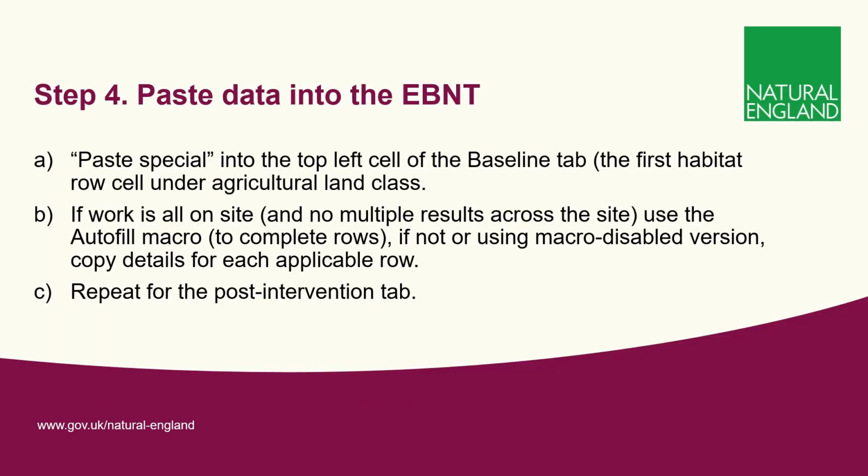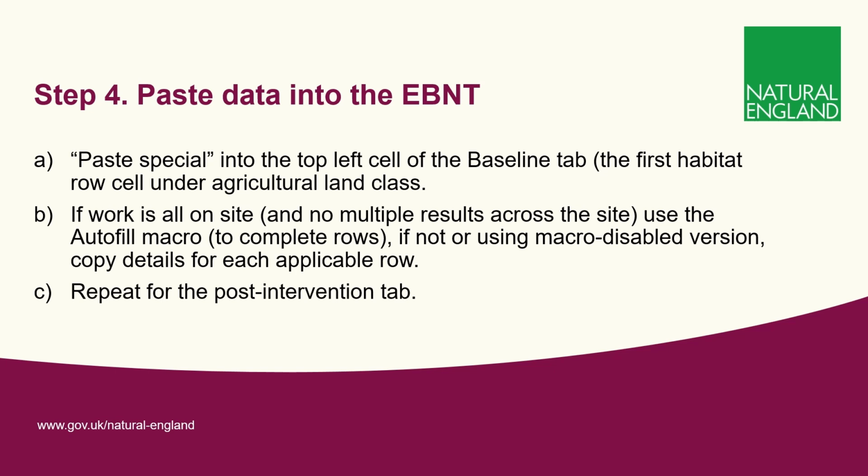So this fourth step, very simple, is we're just going to paste the information that was copied from the mapping website into the tool. So what you need to do is go to your baseline tab, find the first of those contextual modifiers, agricultural land class, the top row with habitat data in there.